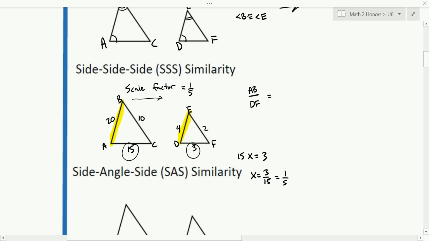So, what's that? I meant DE, yeah, sorry. So AB over DE has to be the same as BC over what? BC corresponds with EF, and whatever those equal also has to correspond with AC over DF, okay? And if you take any of those fractions and reduce it, what are all of those going to reduce to?